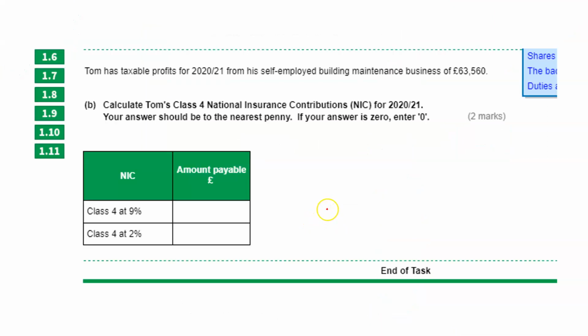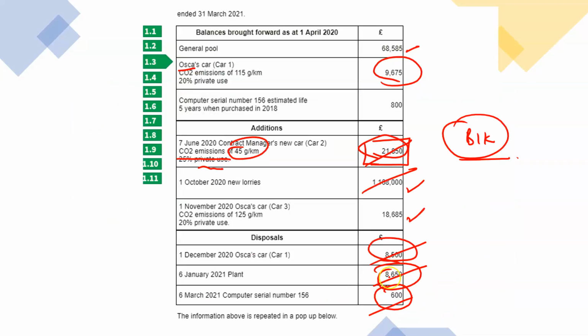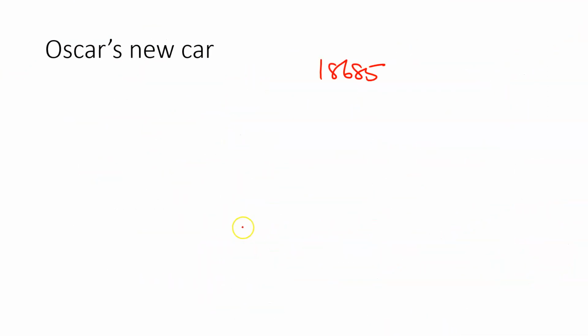18685. So let's look up here. It tells you that cars over 110 go at 6%. So that's fine. What do we have? We have 18685, 20% private use. So let's go back to the new car. First of all, I will find 6% of this.